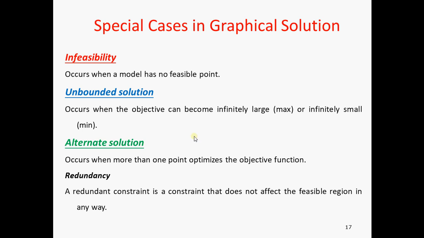In such cases, the conclusion is the problem is having an alternate solution. The answer is same, but you can vary the number of products x1 and x2, you can have different values, but the value of the objective function will be same, minimum or maximum. Alternate solution occurs when more than one point optimizes the objective.